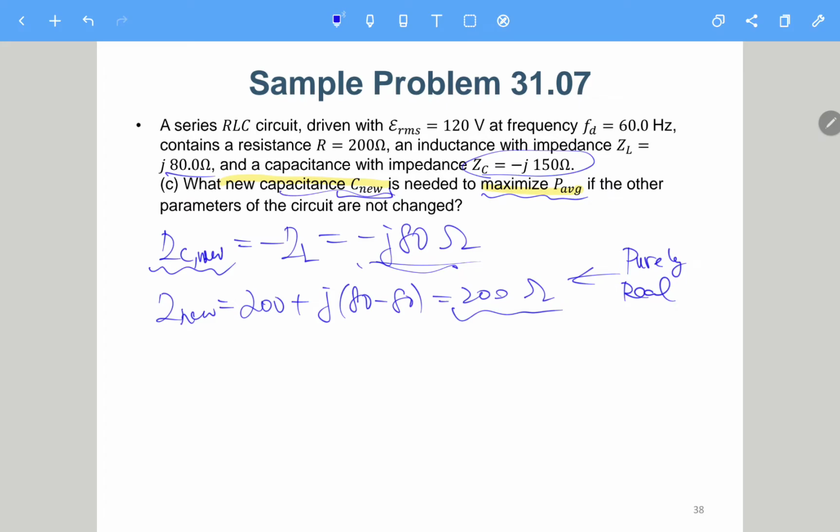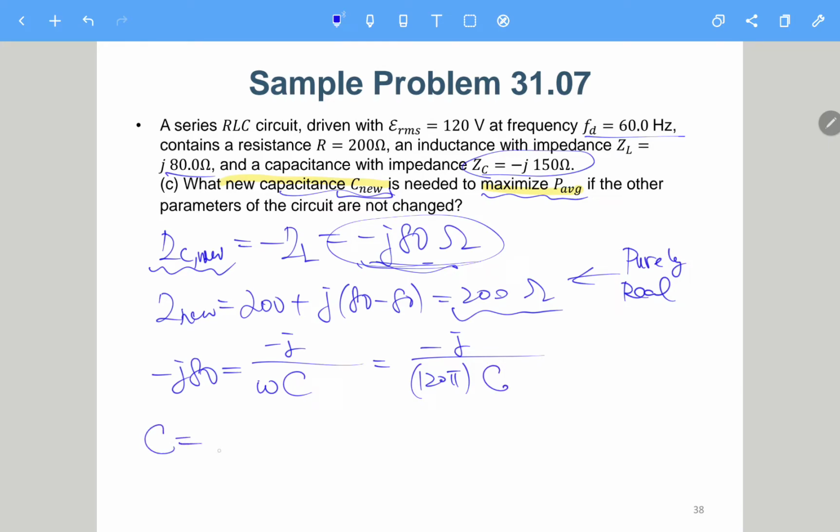So in that case, what is the new capacitance? This is Z new. We know Z new is negative J80, which is negative J over omega C. We have f is 60 hertz, which means that omega is 120 pi, times C. Negative J and negative J can cancel.